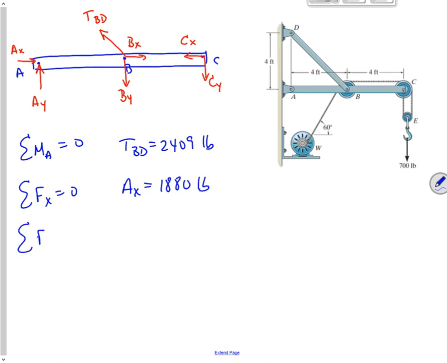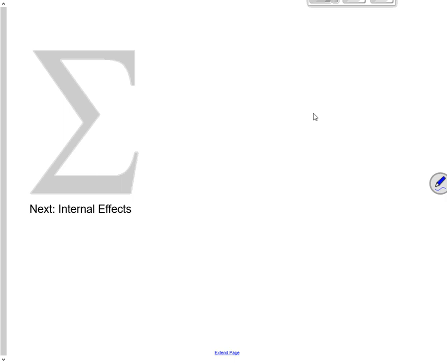And I do sum of the forces Y equals 0, which gives me AY is minus 700 pounds. In other words, it points down. And that's enough for this. This video has gone on long enough. So next time, we'll talk about internal effects in beams.